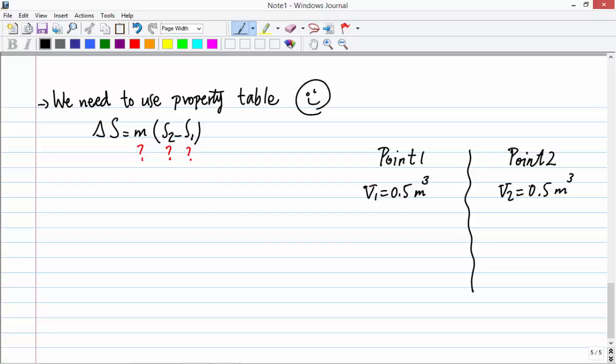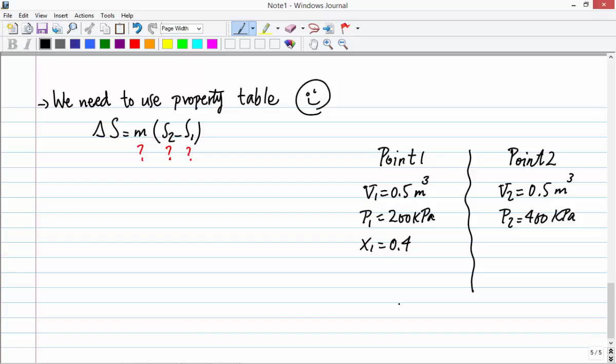In the beginning, it says that pressure is 200 kPa, and we add heat until the pressure goes up to 400 kPa. And in the beginning, we have the quality of our liquid-vapor mixture, which is 0.4. That's all we know. And I need to solve for mass, little s2, and little s1, one by one.